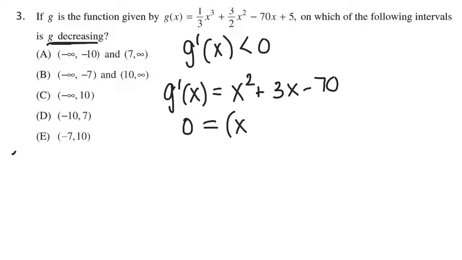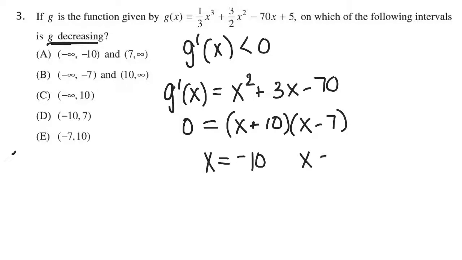And it looks like we can factor this, and we're going to get a positive 10 and a negative 7. And when we set all this equal to 0, x is equal to -10 and x is equal to 7. And we can do a number line analysis, or we can look at the graph.